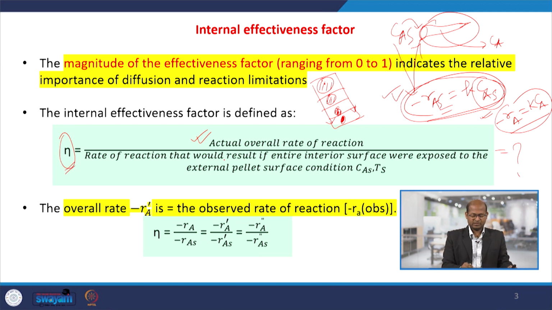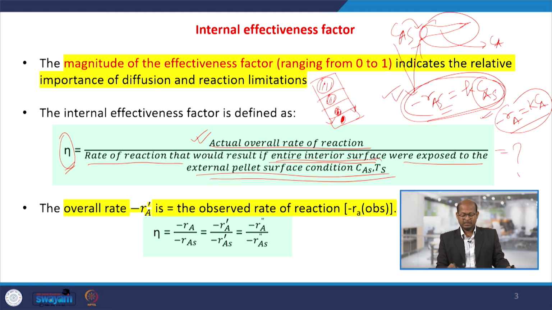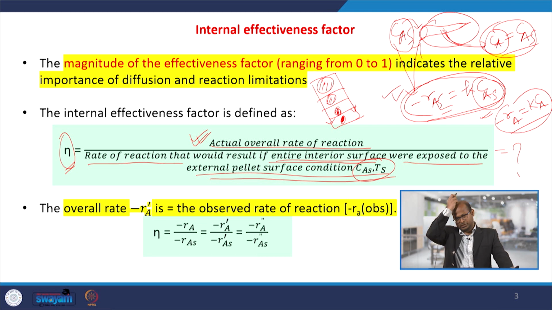The effectiveness factor is the actual rate of reaction to the rate of reaction that would result if the entire interior surface were exposed to the external pellet surface conditions, CAS and TAS. Here the concentration is different at different points. If the inside of the catalyst were exposed, then Ca equals CAS, so there is no concentration gradient: the pore mouth concentration and the concentration inside the pore are the same. With no concentration difference, there is no diffusion in the catalyst during reaction, and everywhere we get the same homogeneous rate.